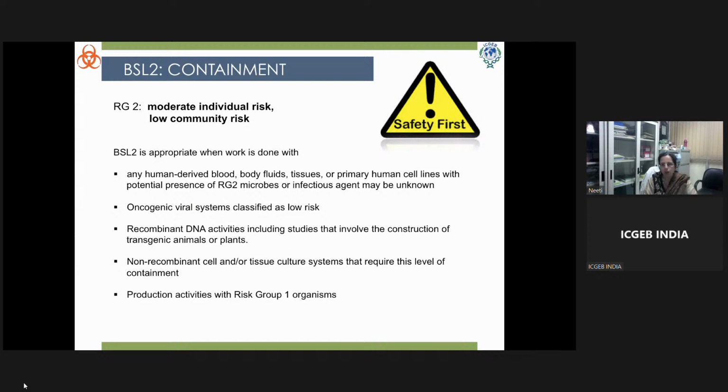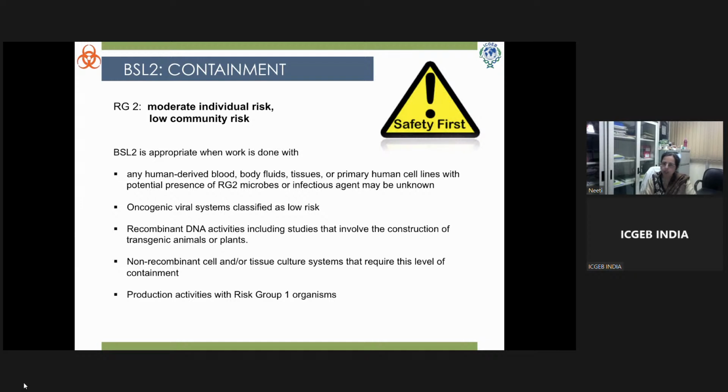All kinds of oncogenic viral systems also get classified as BSL-2. The recombinant DNA activities, including studies which involve the construction of transgenic animals or transgenic plants, get categorized under BSL-2.